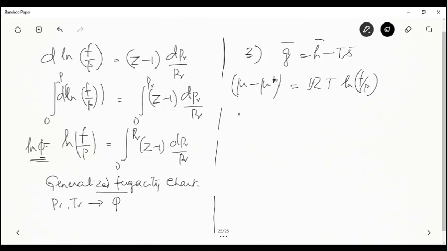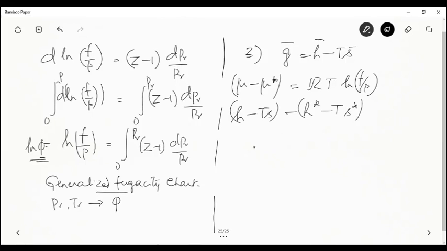Now this mu is nothing but H minus Ts, and this mu star is nothing but H star minus Ts star at the same temperature.